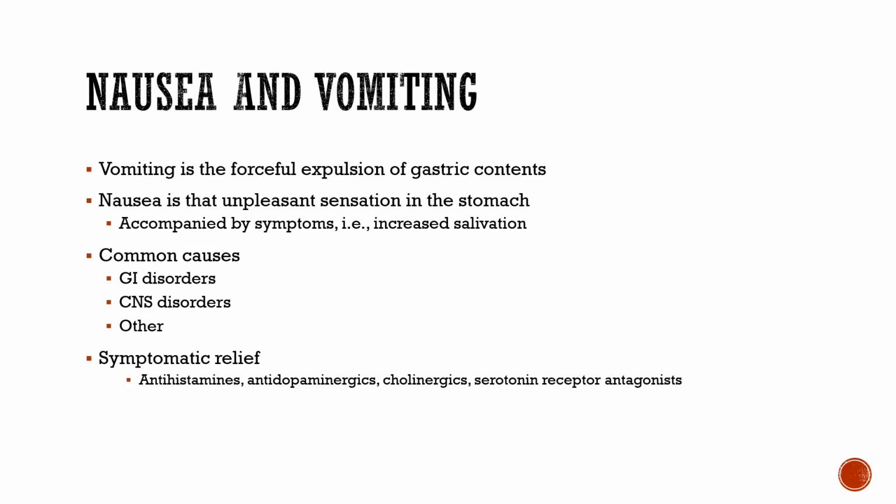In getting the history, ask about the characteristics of the vomitus. How much is there? What is it made of? Is it mostly solid foods? Is it bile? Is there a smell to it? Or is there no smell to it? What are the associated symptoms?